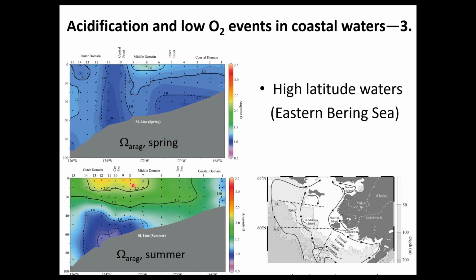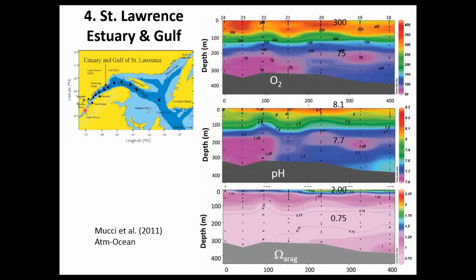So if we come to the east coast, the first example I show is from the St. Lawrence Estuary and Gulf, and again for the same reason, this water stratification leads to low oxygen and low pH events in the subsurface and low aragonite saturation state.